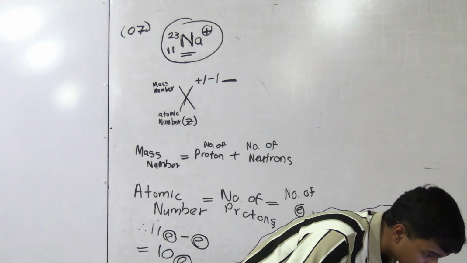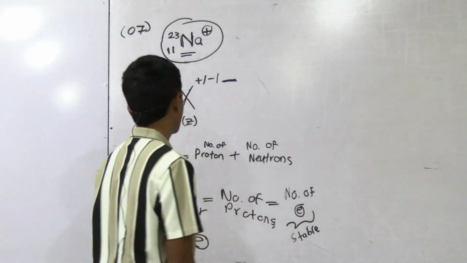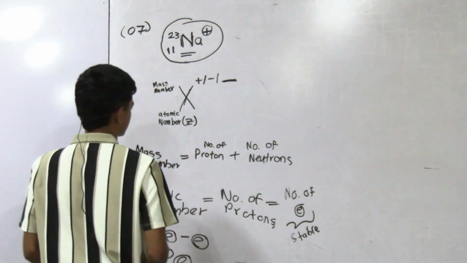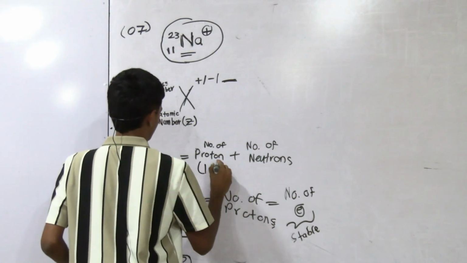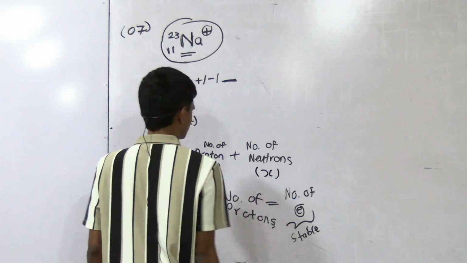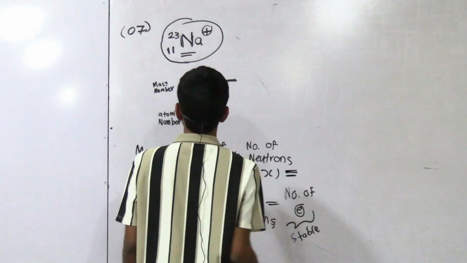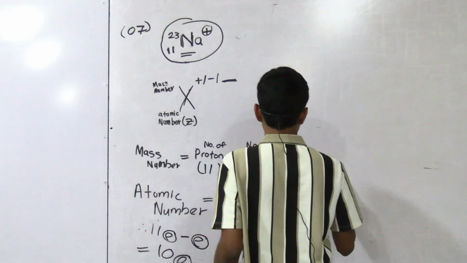So we have to find the number of neutrons. Oh, that's an easy part. We know that number of protons is 11. If I take the number of neutrons as x, mass number is given as 23.